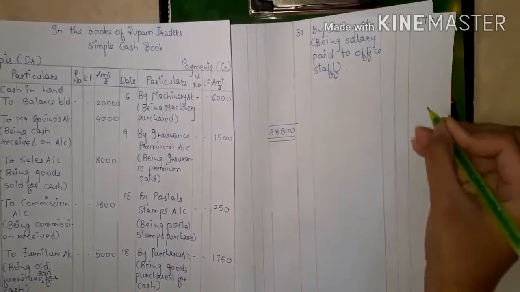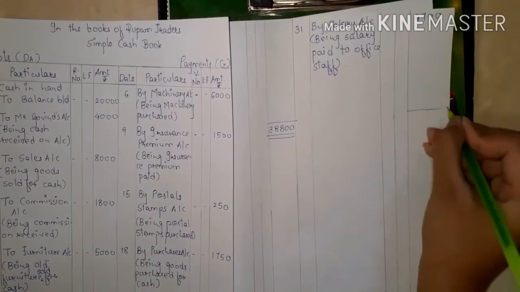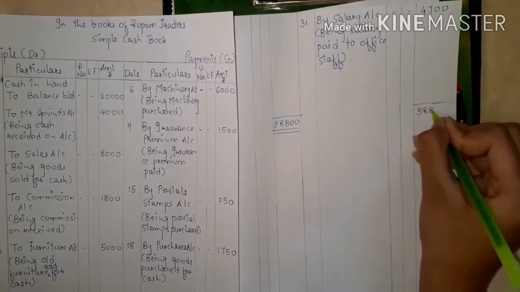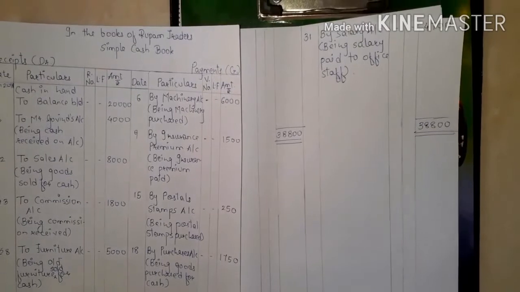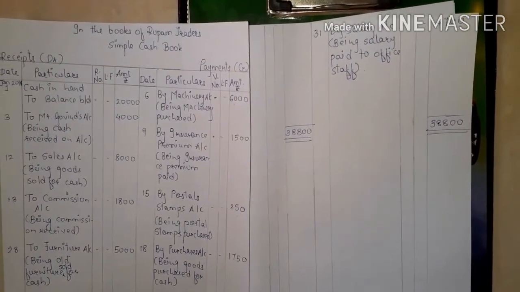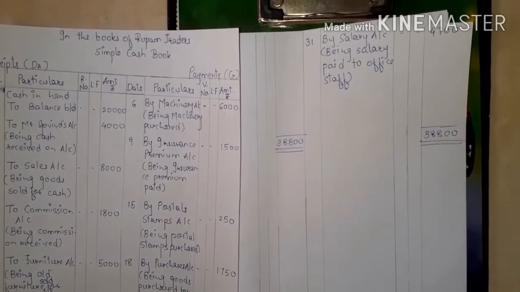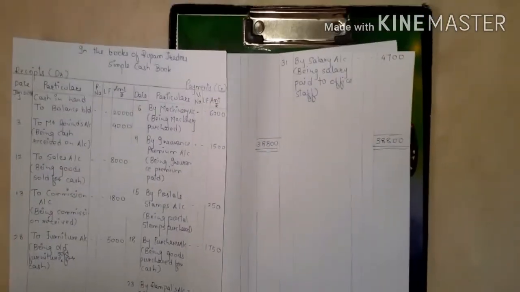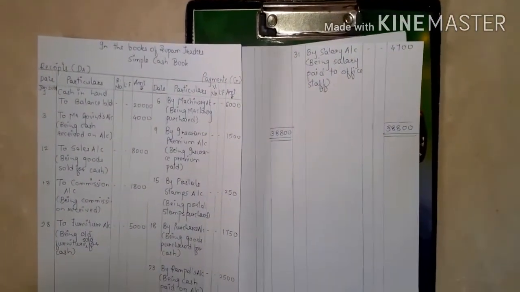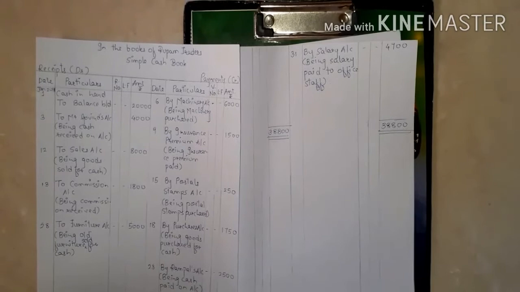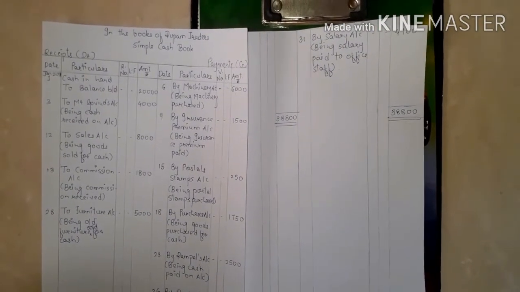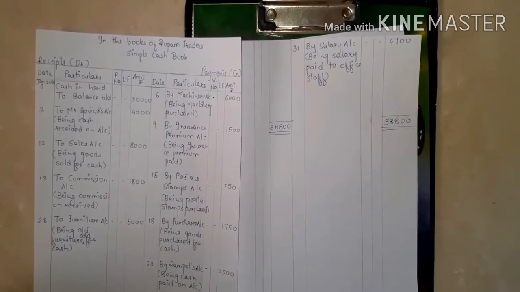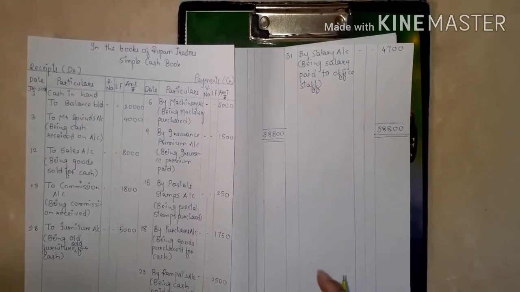Same I will write in the payment side. 38,800 and the double line I have drawn under it. Now you already know that payments is less than receipt side. So minus the total amount of payments from the receipts total. So that is going to be your balance carried down.